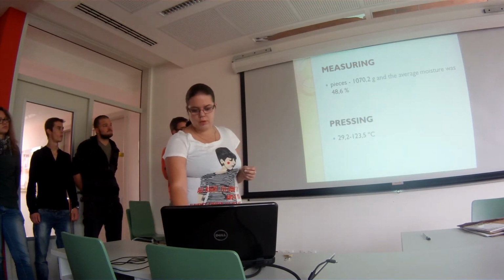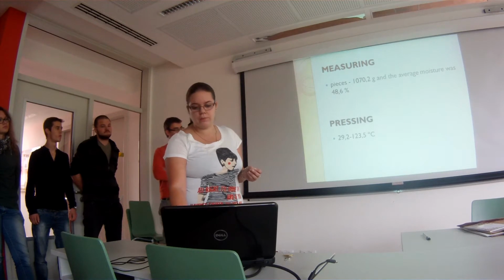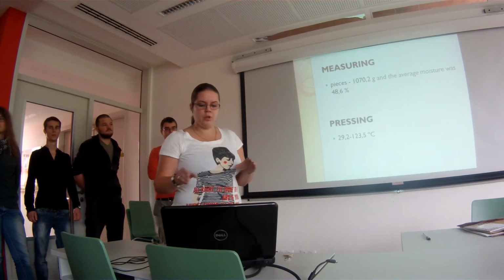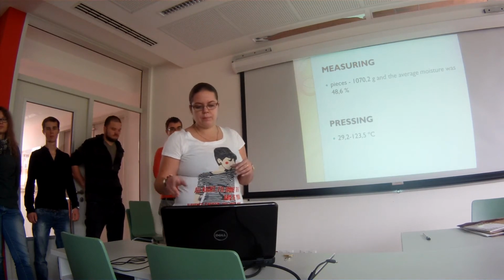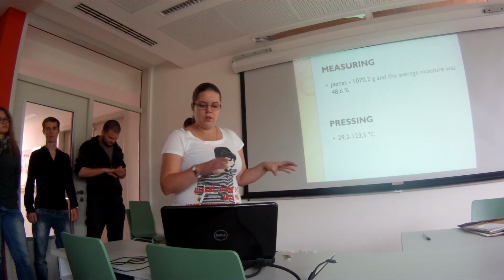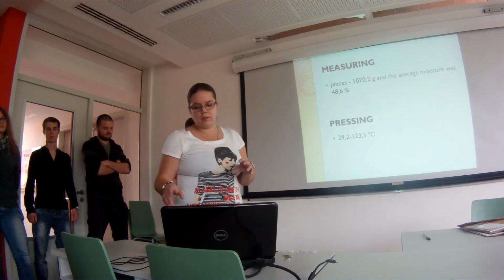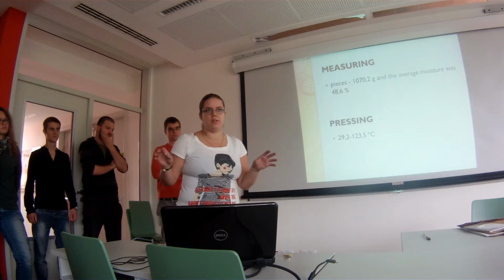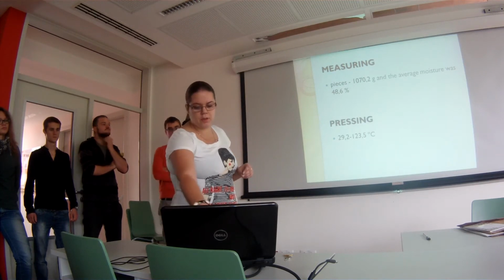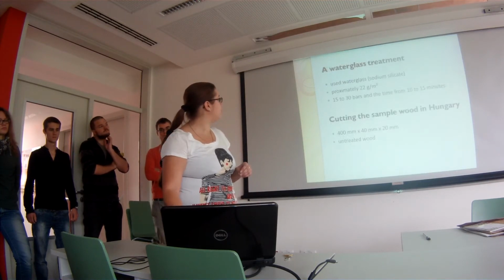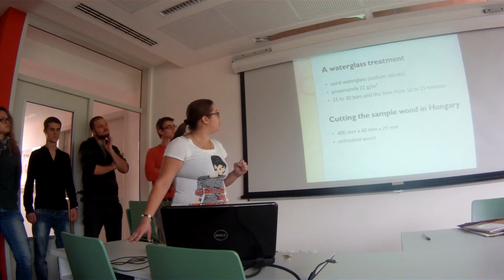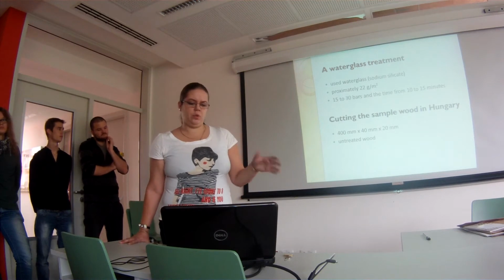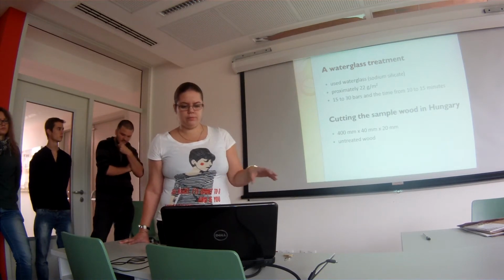And then we used this press, like we told earlier. Inside the wood, during the pressing, the temperature went from room temperature until 120. But in the oven, it was 60. But this was the temperature inside the wood. So, yeah, we used water glass treatment, approximately 22 grams per square meter.